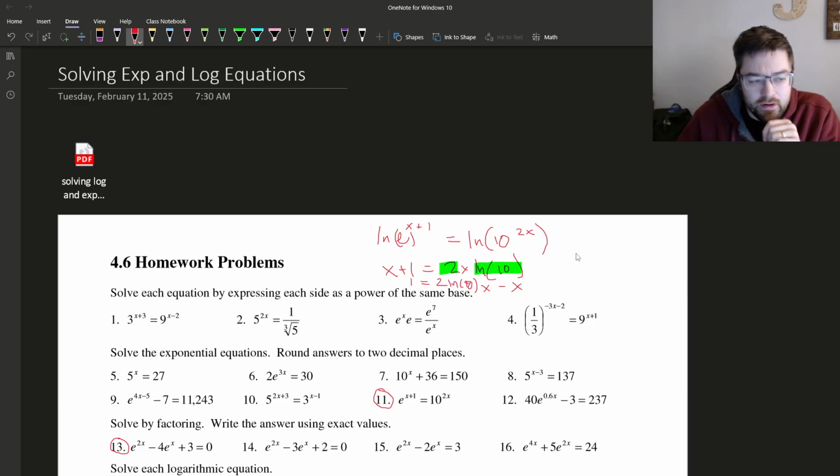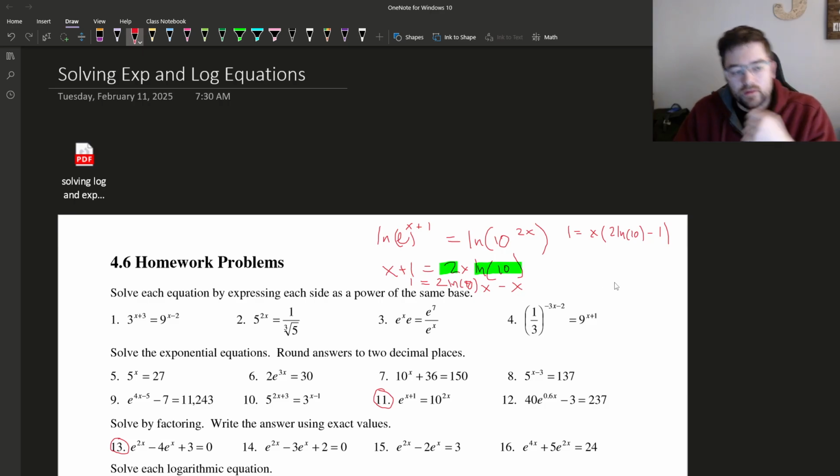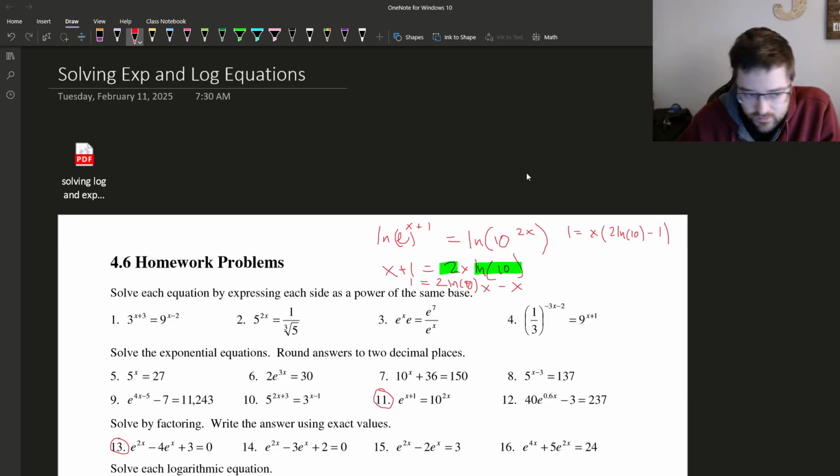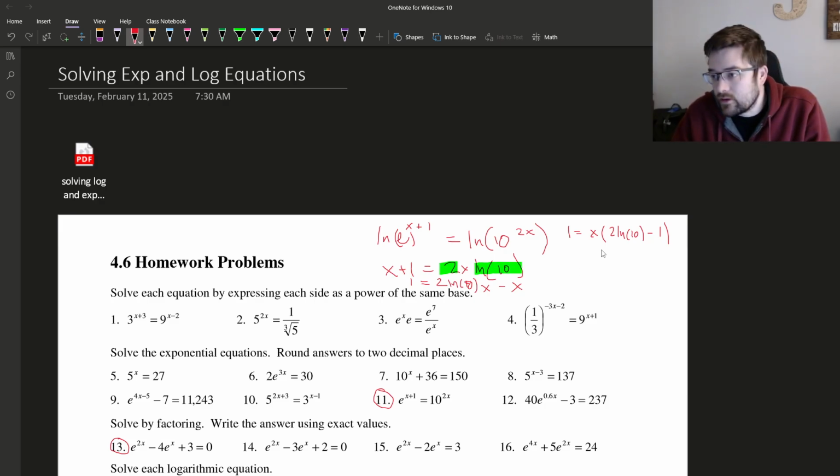We can factor out our x. So 1 equals x times 2 natural log 10 minus 1. So if you compute this by dividing 1 by 2 natural log 10 minus 1, we should get the value in our answers.